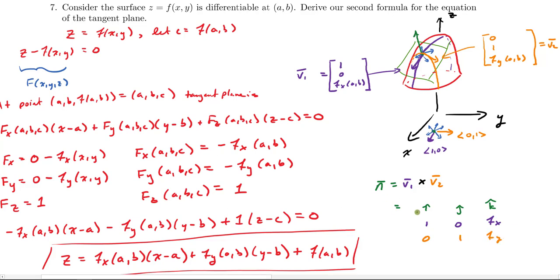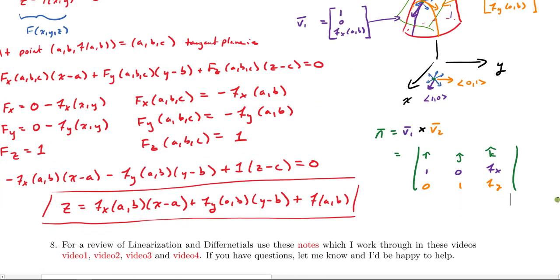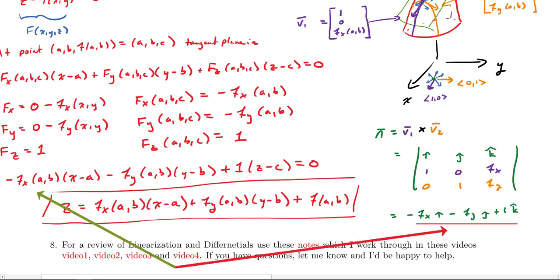And if I compute that cross product, folks, what I end up with is just minus f sub x i hat minus f sub y j hat plus 1 k hat. But notice that that's precisely the vector that I had for the normal vector here. Minus f sub x, minus f sub y, and 1, which is another way of seeing how we could get these n1, n2, and n3 for this normal vector to this tangent plane.